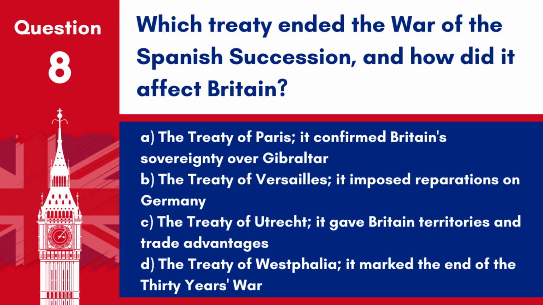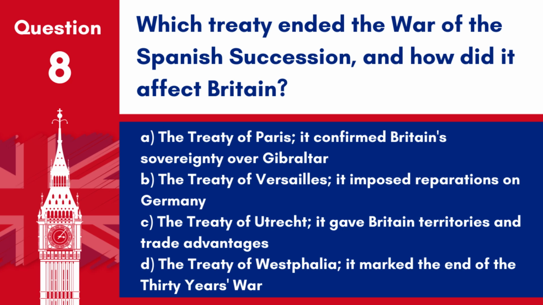Question 8. Which treaty ended the War of the Spanish Succession, and how did it affect Britain? A. The Treaty of Paris. It confirmed Britain's sovereignty over Gibraltar. B. The Treaty of Versailles. It imposed reparations on Germany. C. The Treaty of Utrecht. It gave Britain territories and trade advantages. D. The Treaty of Westphalia.